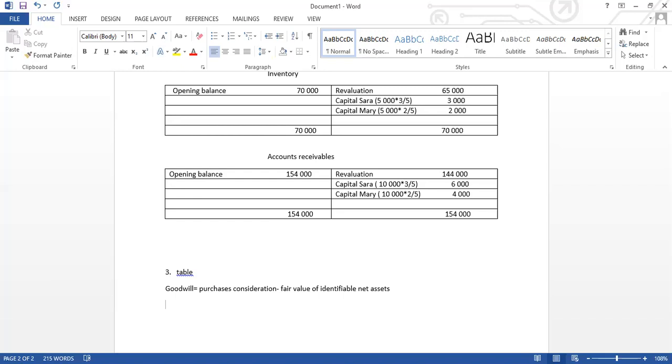And you are given the capital he contributed. So the capital contributed by the new partner, you divide it by the purchase consideration, will give us his profit sharing ratio.